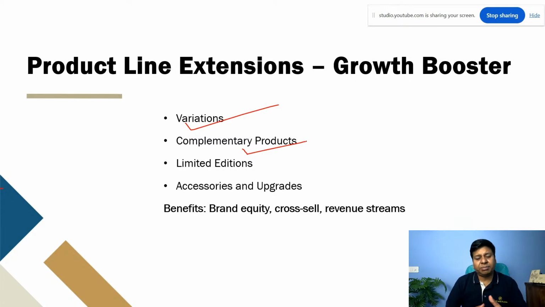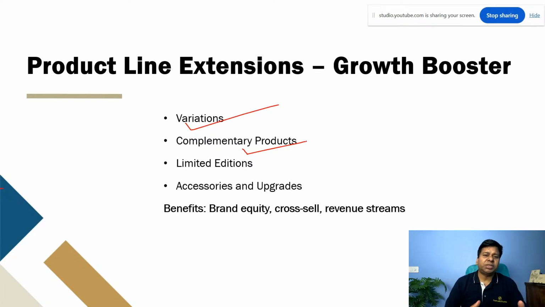So there can be four kinds of strategy. Either create a variation of your product, create a complementary product which is complementing your main product, develop some limited edition product, create some exclusivity in the mind of the customer, or accessories and upgrades to the existing one.